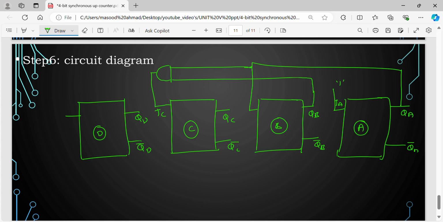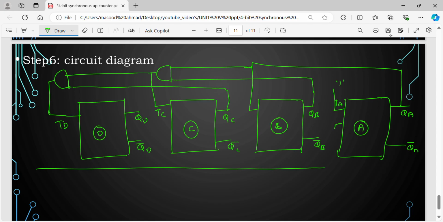What I do is take QA QB, and I take QC, and give them to the AND gate, which is QA QB QC, and give that to TD. For all of them there is a common clock. The common clock is like this. So this is exactly the 4-bit synchronous up counter.